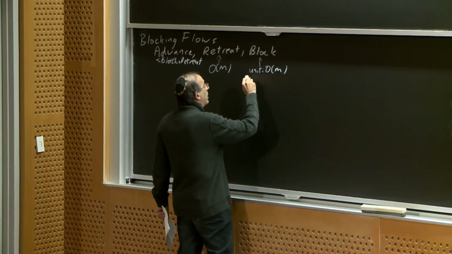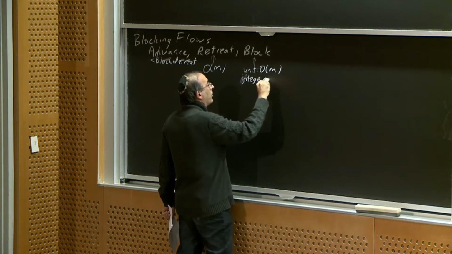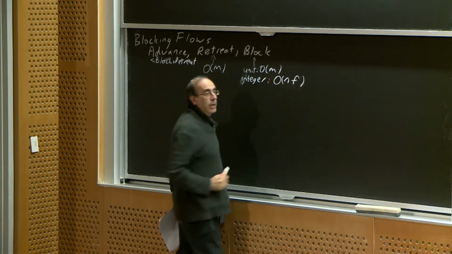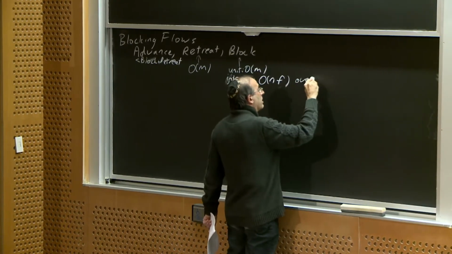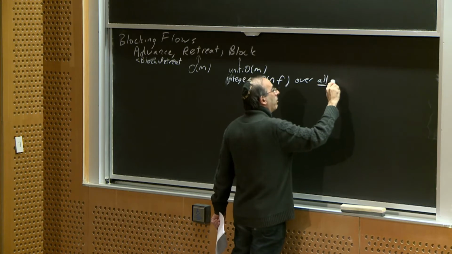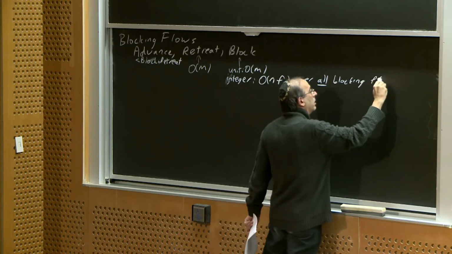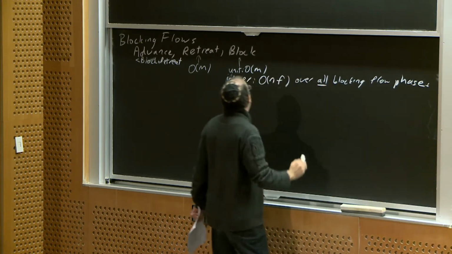And that means that, talking about the integer case, you're going to do at most f of these block steps over all the blocking flow steps. Right?